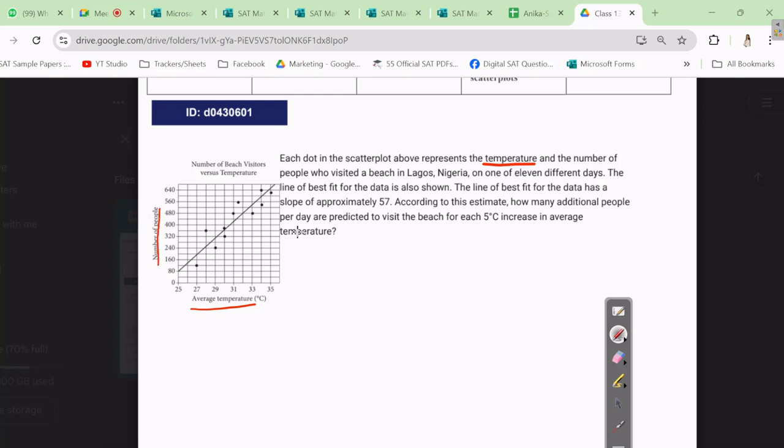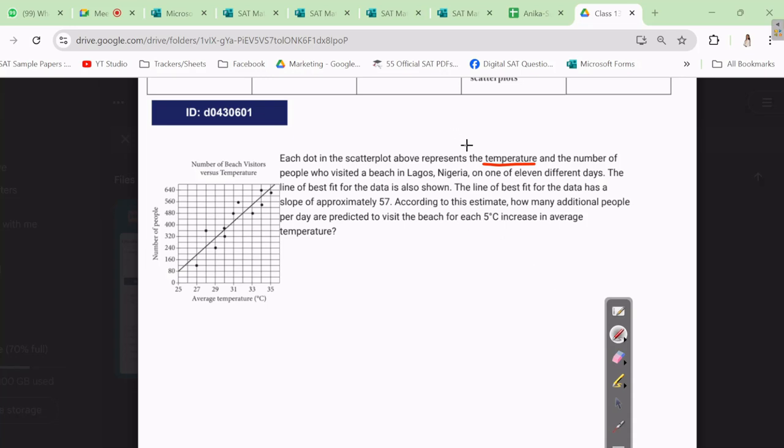Whenever you have a dot plot or a scatter plot like this, you should be able to think in your head that, as per this graph, as the temperature is increasing, the number of people on the beach is also increasing. This is how you should be able to interpret the graphs, okay? That's the interpretation of this graph since it's an increasing graph.